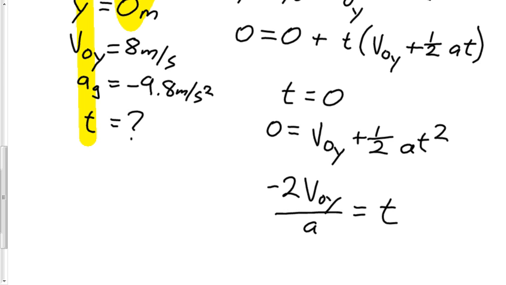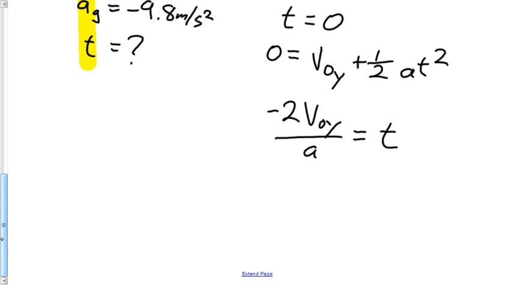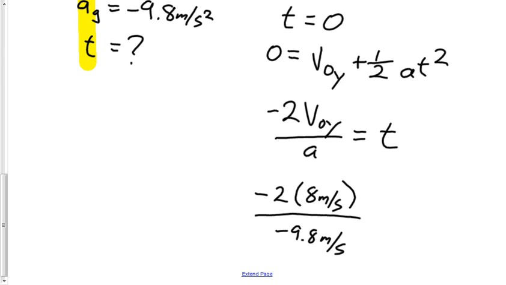All right, so I can plug my values in, and that's going to wind up being negative 2 times the initial velocity in the y direction, which is 8 meters per second, over the negative 9.8 meters per second squared. And that will give us a value. And in fact, before I even get into what the value is, let me change the units a little bit.